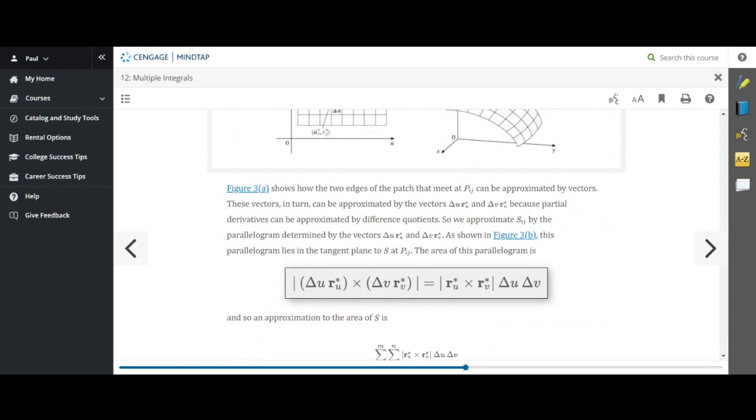When you learned about the cross product in section 9.4, you learned that you could approximate the area of a parallelogram by taking the absolute value of the cross product of the vectors that form two sides of the parallelogram. Do you recall that?